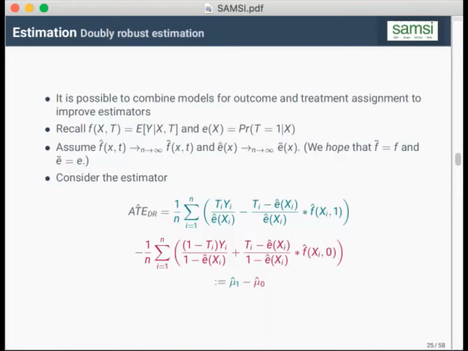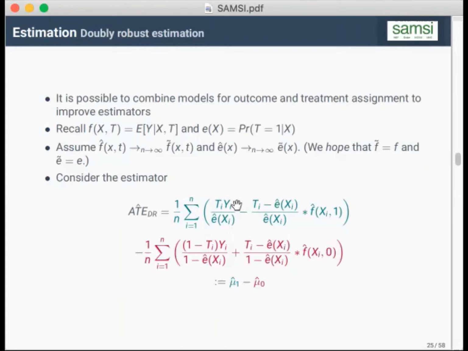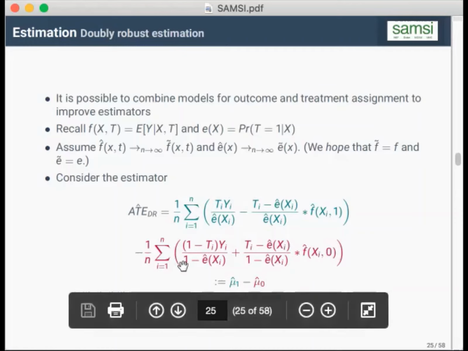So this first term here is the propensity score estimator, the IPW estimator, inverse probability weighted estimator of Y1. Here, this is the inverse probability weighted estimator of Y0. And then the second term involves the outcome regression plus a kind of residualized version of treatment. And here again, the outcome regression plus a residualized version of treatment.